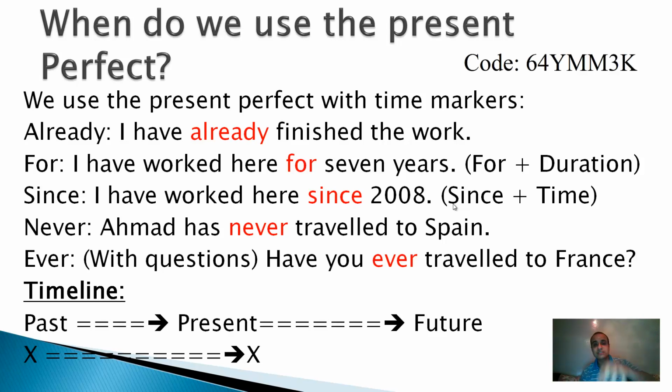For example, I have worked here since 2008. So I worked in 2008 and I still work now in the present. So the action of working started in the past in 2008 and it still continues in the present. So we use the present perfect.